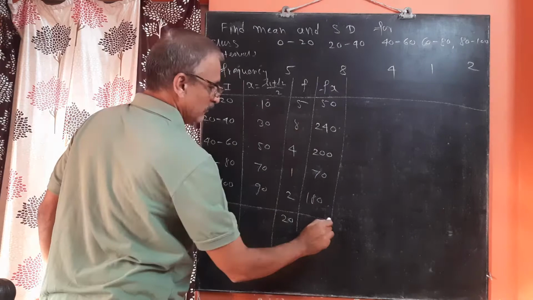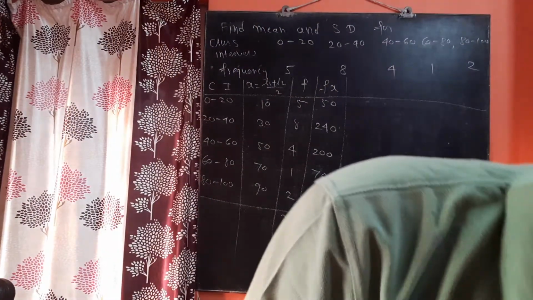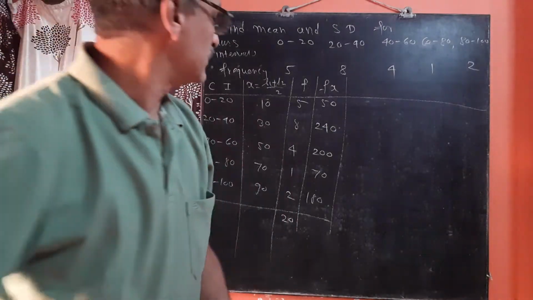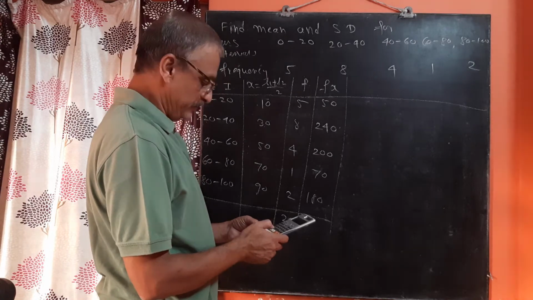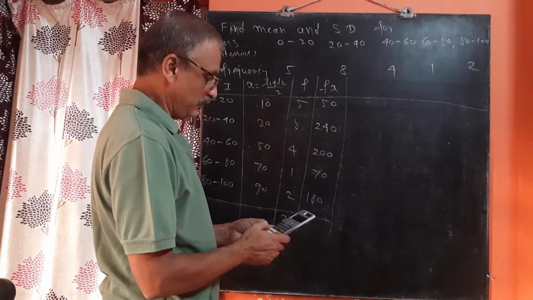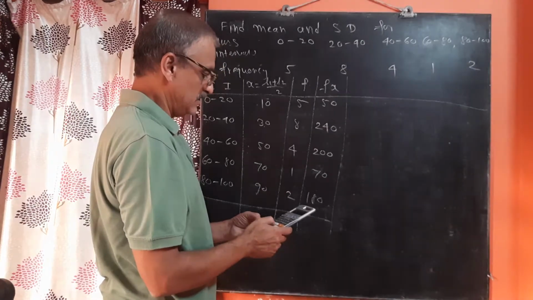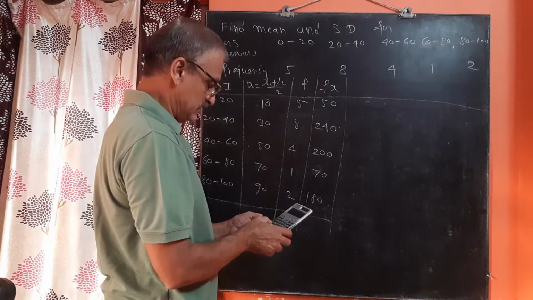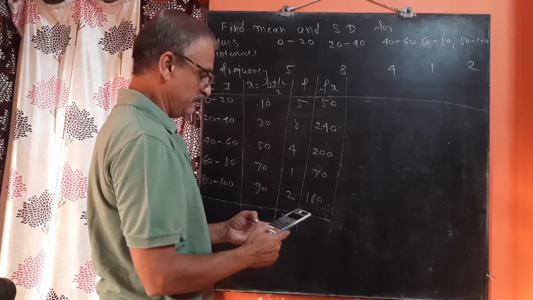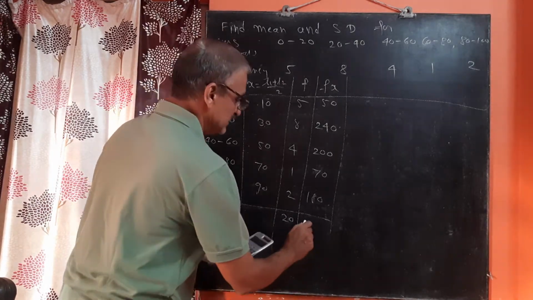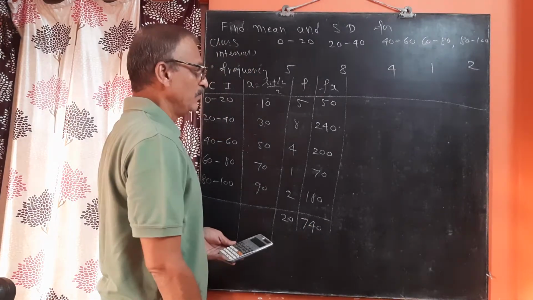Now if you find the sum of these values, let us calculate: 50 plus 240 plus 200 plus 70 plus 180. That comes 740.